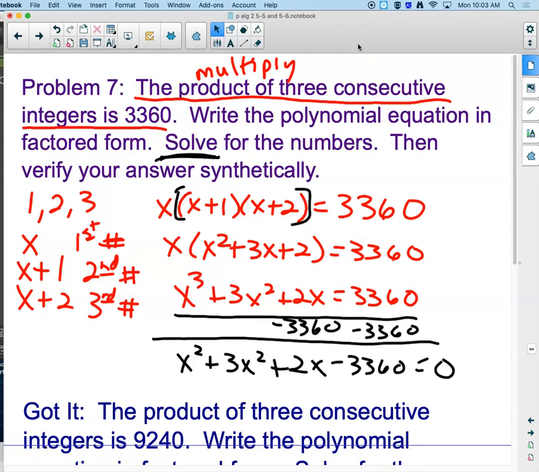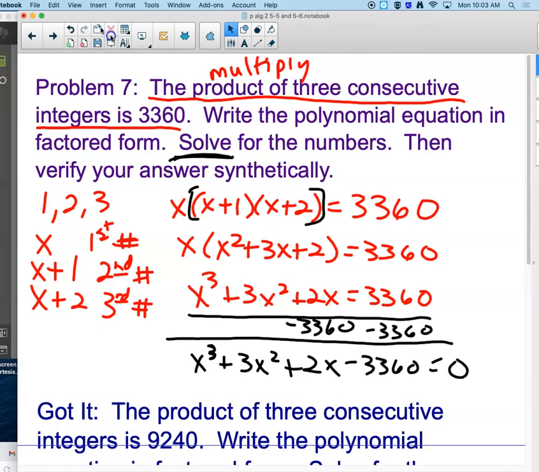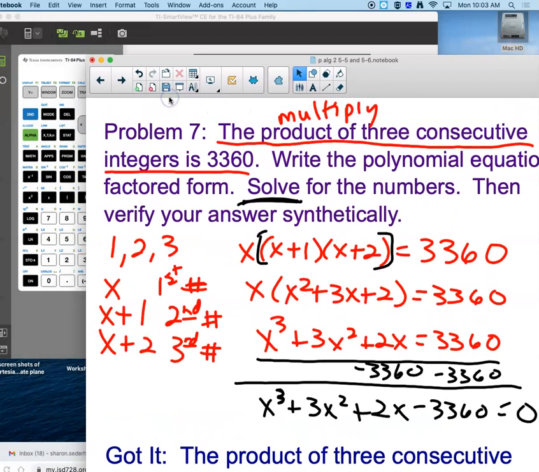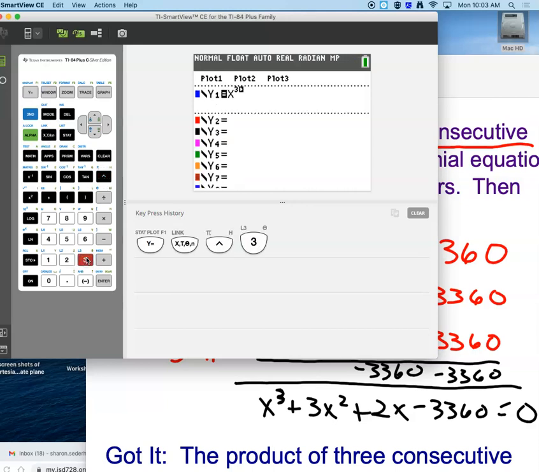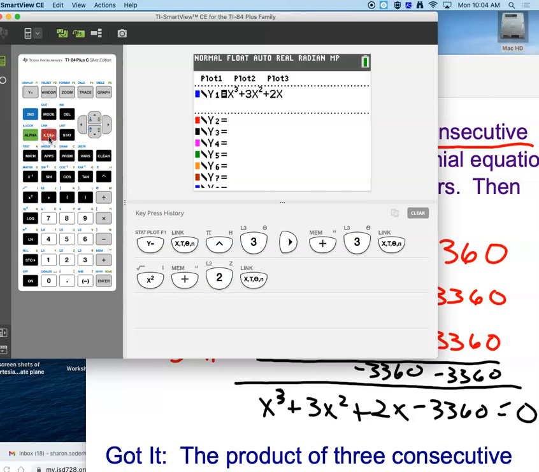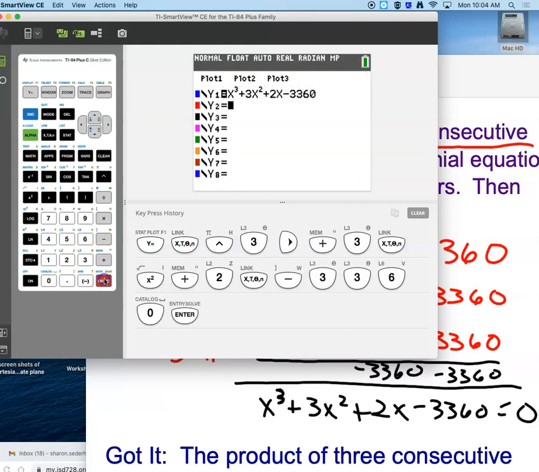So, oops, I put a 2 for a 3 right there. Do that every once in a while. There it is. X cubed plus 3x squared. Let's see if I can get it so I can still see it while I'm punching it in. So y equals x to the third plus 3x squared plus 2x minus a whopping 3,360.